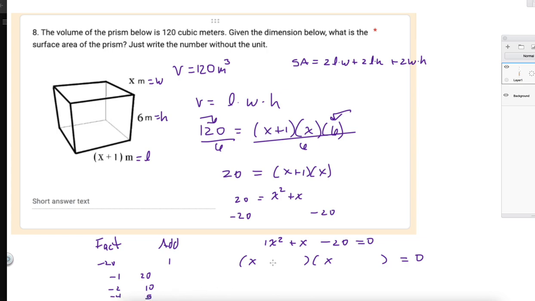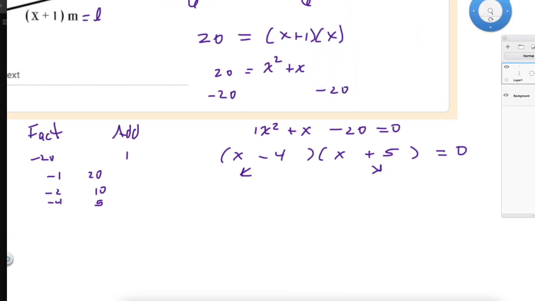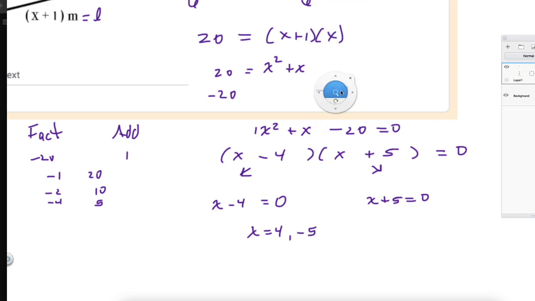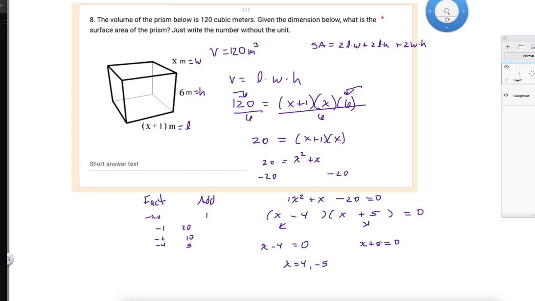Oh, isn't that it? x minus 4 and x plus 5 will add up to 1 and multiply to negative 20. We now separate these into linear equations, setting them equal to 0 using the zero product property. And we get x equals 4 and negative 5. Negative 5 is not going to work as a dimension, so we'll throw that out and we'll use 4.